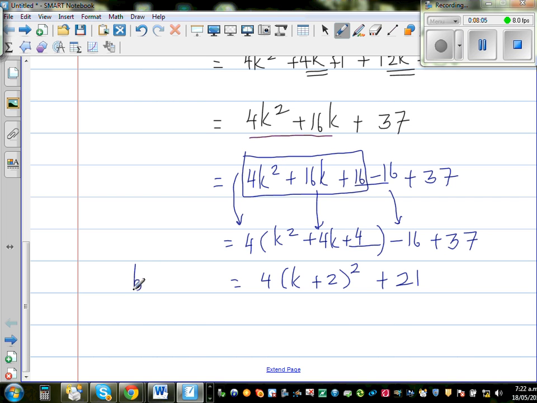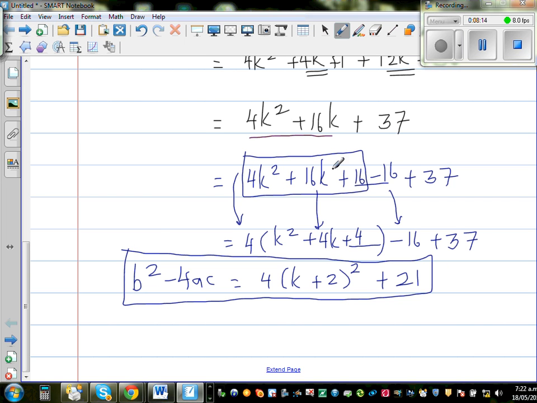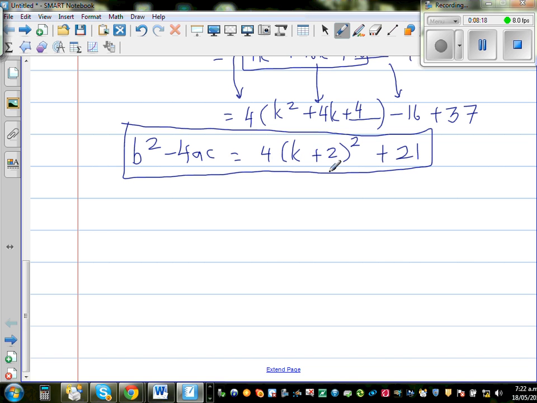Now this is b squared minus 4ac. At this stage it's a bit difficult, so I want you to think logically. Can this ever become negative? The 21 is always positive. If k is positive or negative, k plus 2 can be negative or positive, but when you square it, it's always going to be positive.